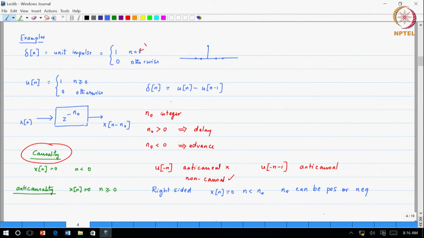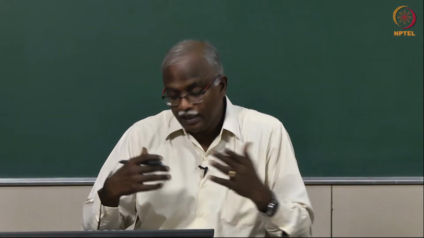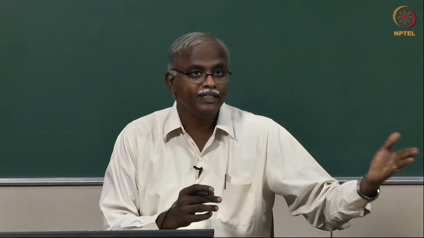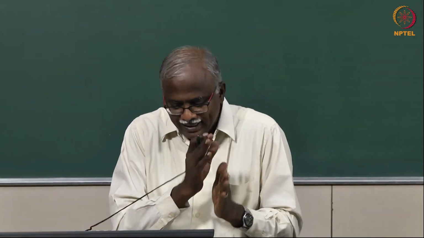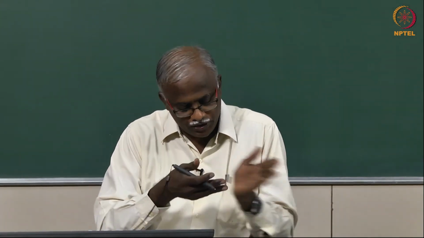So, basically it says that at some index it starts and then it exists only for index values greater than some value, and if this n naught happens to be 0, you get causality. If it is negative, then you will get non-causal sequences, but it can be non-causal and right-sided, and similarly non-causal and left-sided.